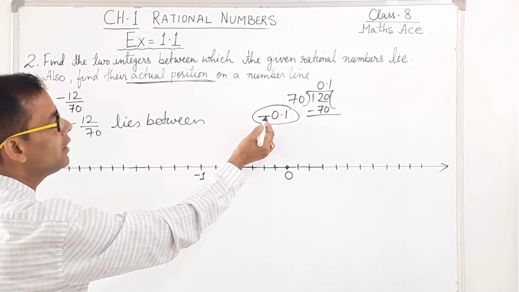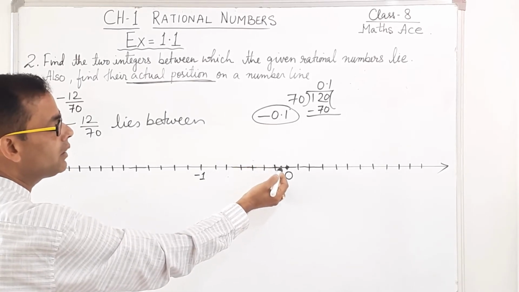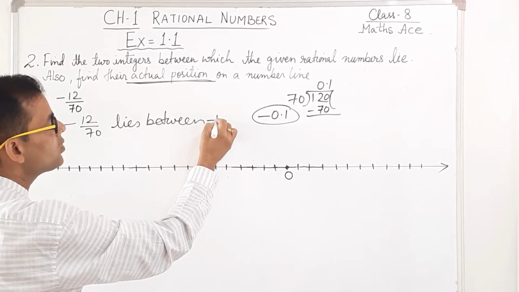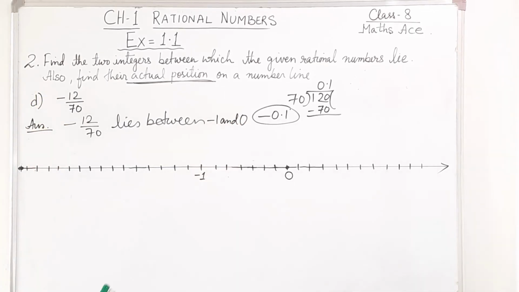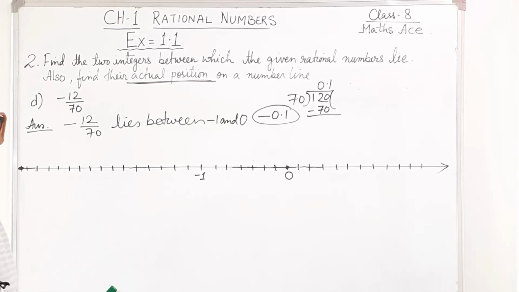You can see minus 0.1 will be somewhere here. Clear? So it is lying between minus 1 and 0. You can do the diagram in your copy by turning your copy. If you have a big copy, you can turn it and with a big scale draw 70 boxes. After that you write minus 1.